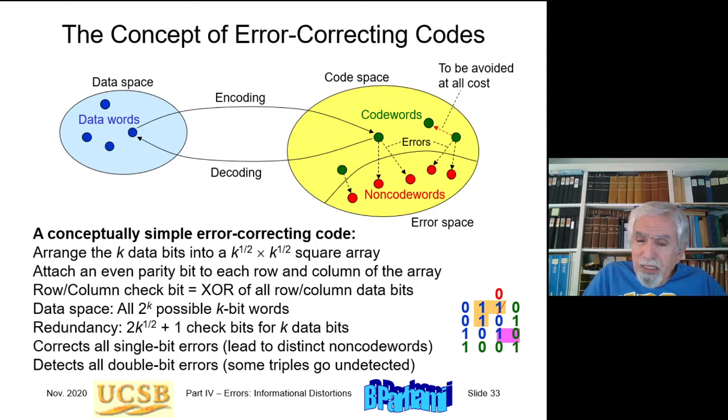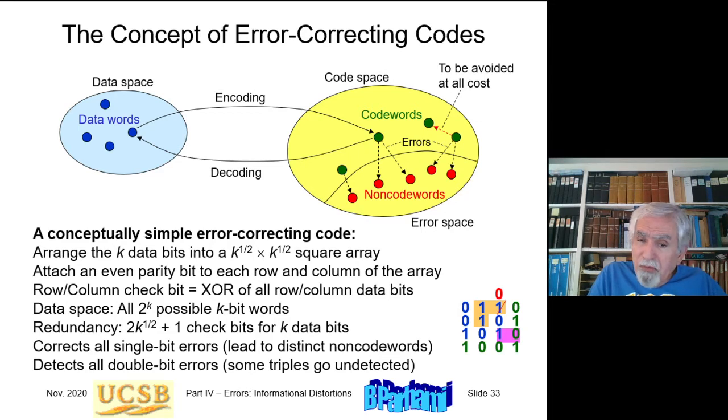Its redundancy, at least in this example, is rather high. You have 9 data bits, and 7 redundant bits. So 7/9, which is about 80%, is the redundancy.